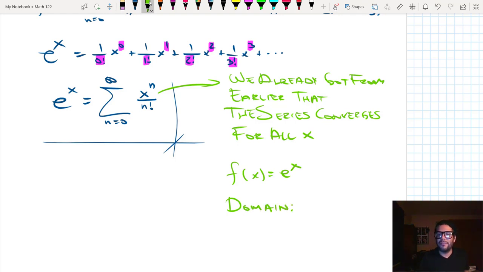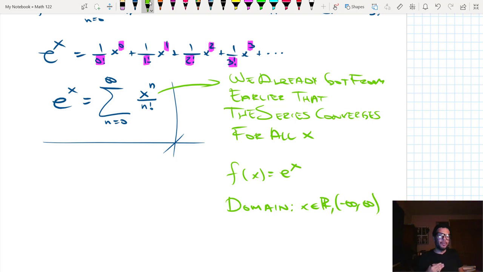Isn't it all real numbers, negative infinity to positive infinity? Isn't that the same as saying the series converges for all x? All real numbers. So that's where we connect the idea of power series representation with the corresponding function.